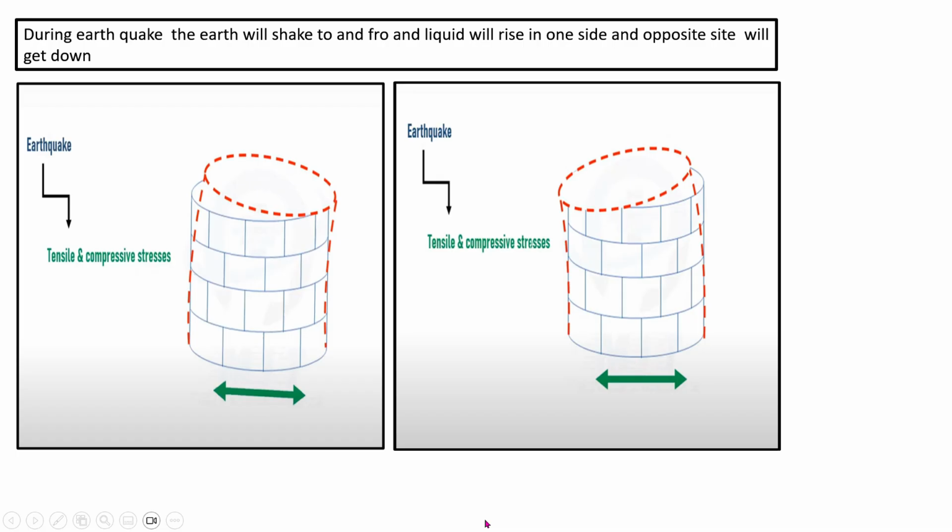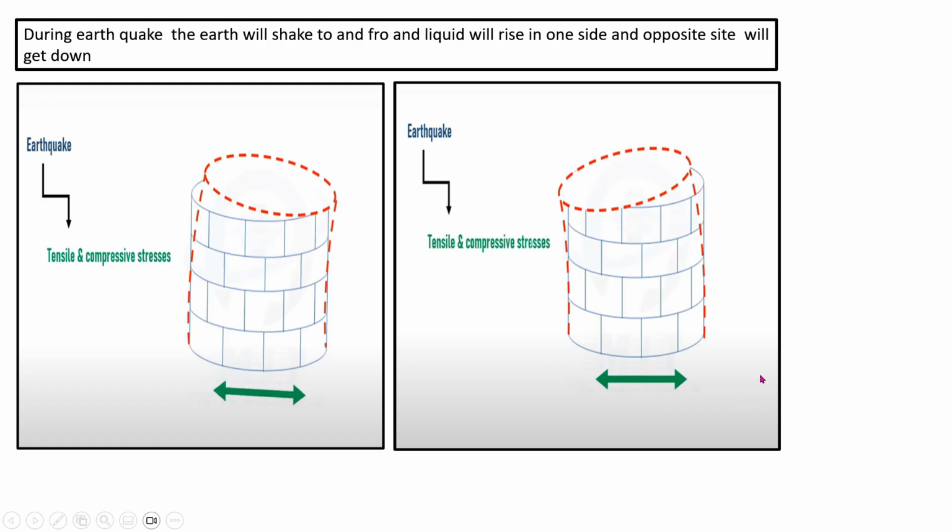Now, due to an earthquake, the soil is moving, not the tank. Due to the movement of the soil to and fro, when it moves to this side, the liquid will move to that side. It can move upward freely, so the tank shape will be like this.